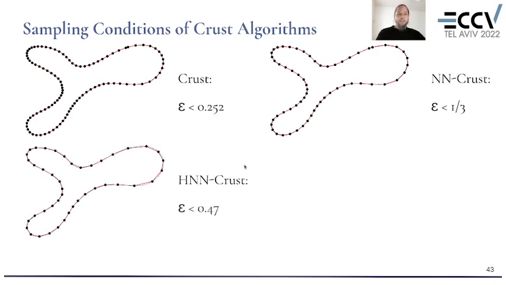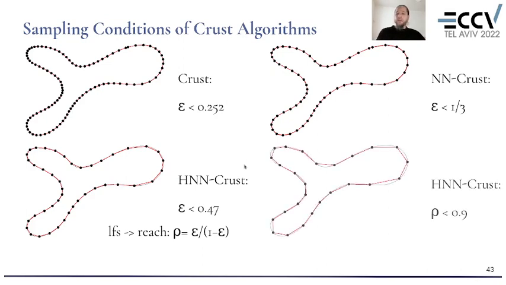Half nearest neighbor crust has the most relaxed bound up to date, 0.47, and requires still fewer points. And as we talked about before, we can replace the local feature size with the reach over an interval of the points between two points, and this translates into a rho, which is a function of epsilon, and this means that we can prove it for even fewer samples and still reconstruct the shape with a rho up to 0.9.